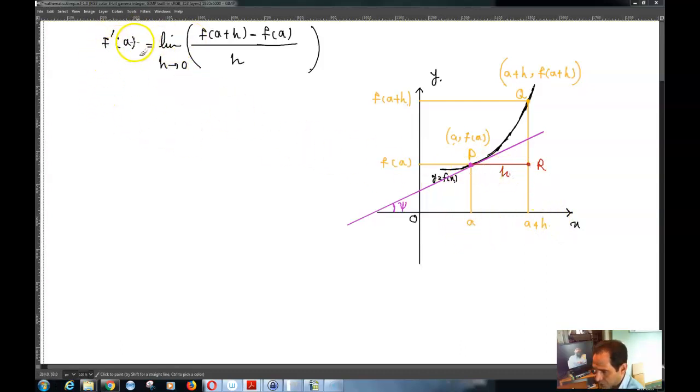That was the derivative of this function at x equal to a.